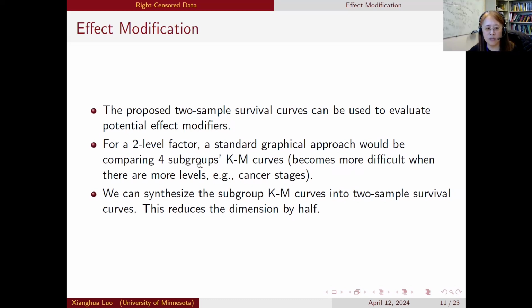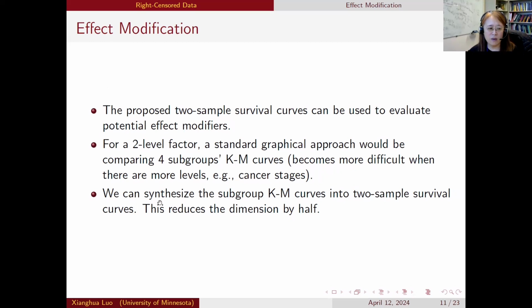That will make four subgroups, right? People will present four Kaplan-Meier curves in one plot. I've seen that a lot in, say, cancer research papers. And it can immediately get difficult when you have more levels, say, for cancer stages. For two treatment groups, you will present 8 curves. So it will be very busy in a Kaplan-Meier curve plot.